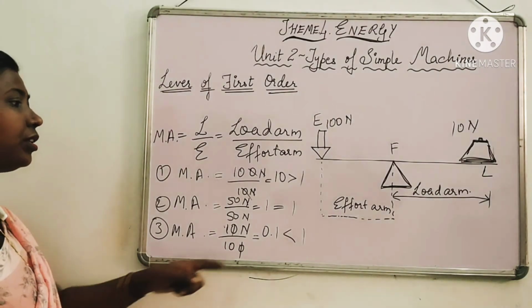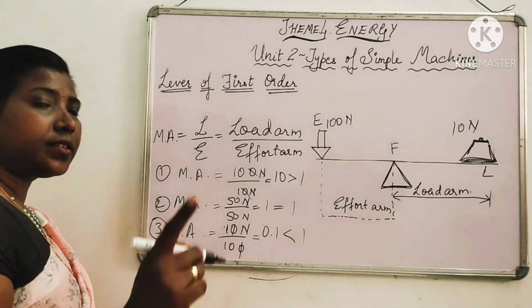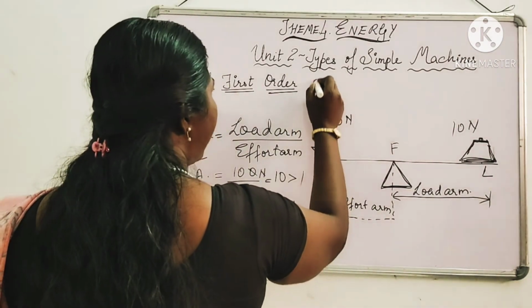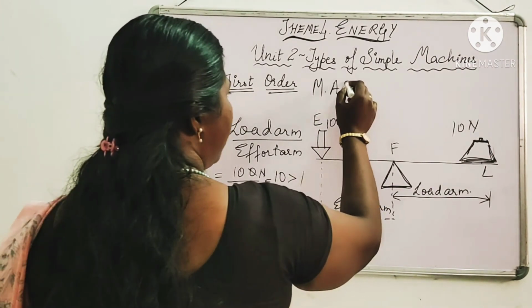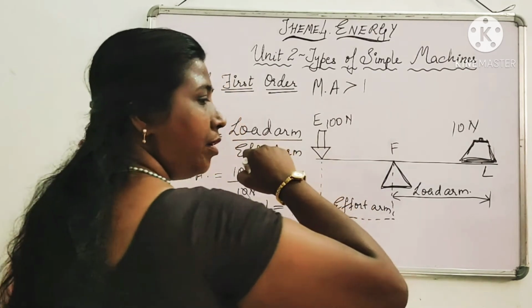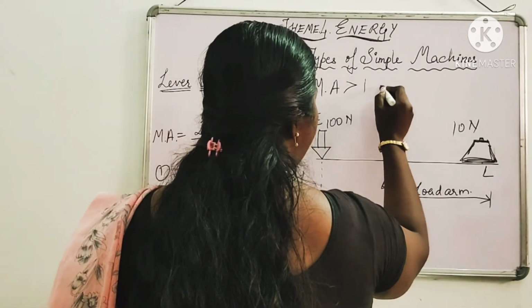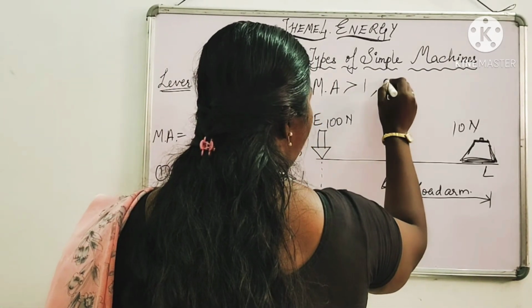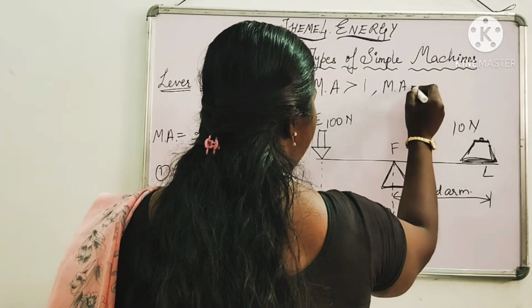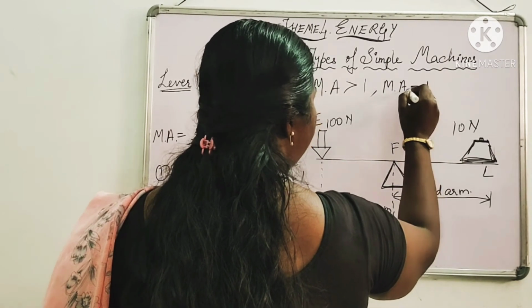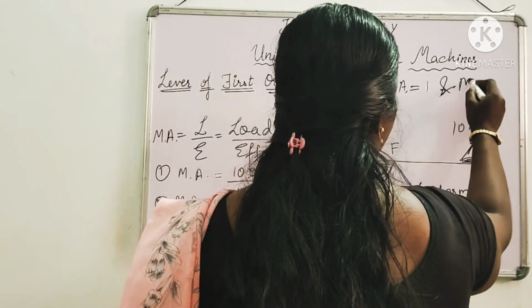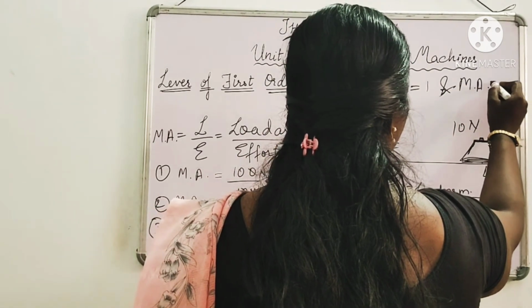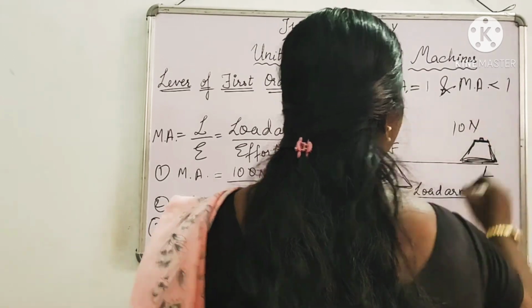Yes. So that's why it satisfies that mechanical advantage can be greater than 1, or mechanical advantage can be equal to 1, and mechanical advantage can be smaller than 1.